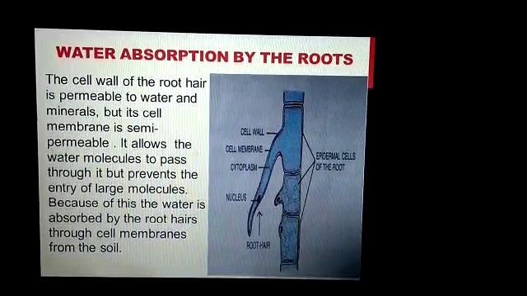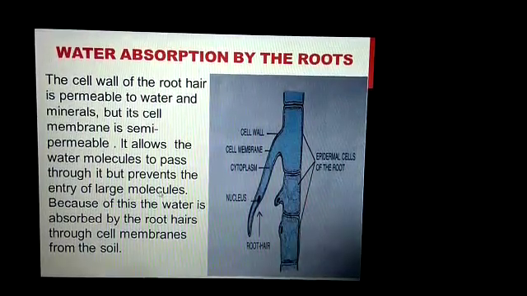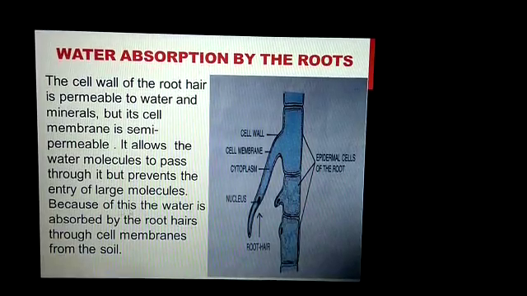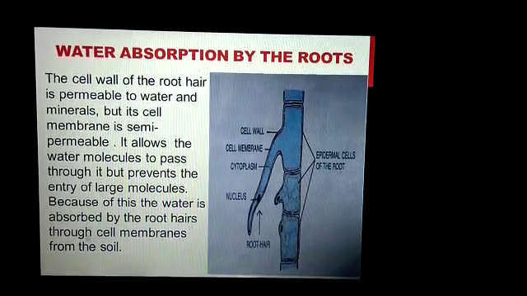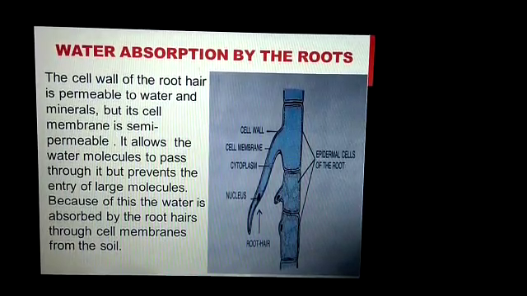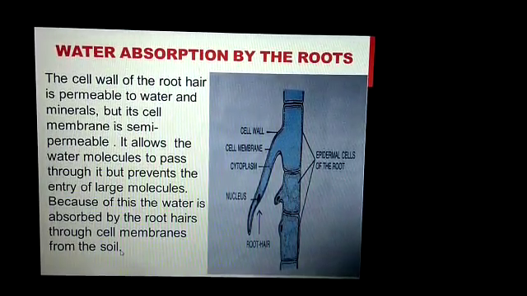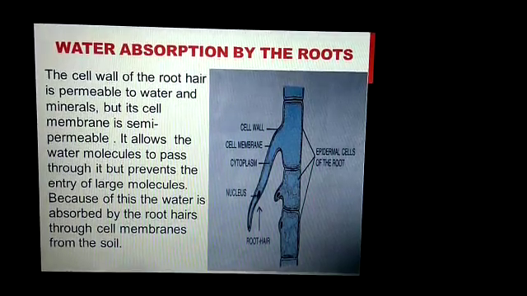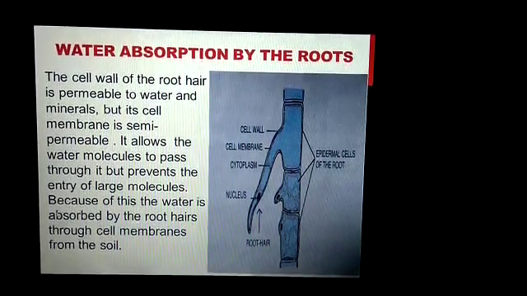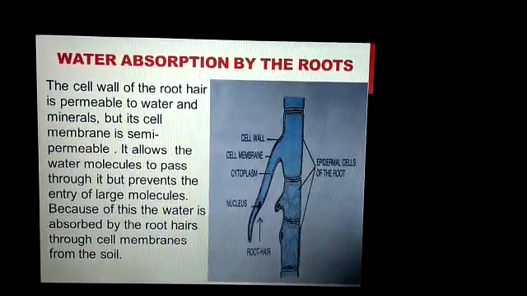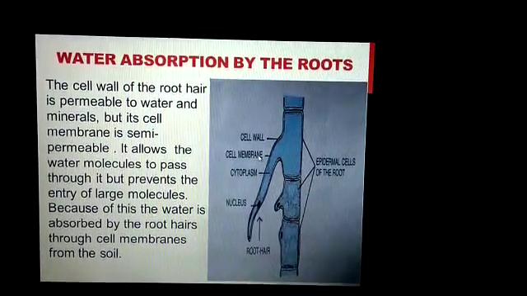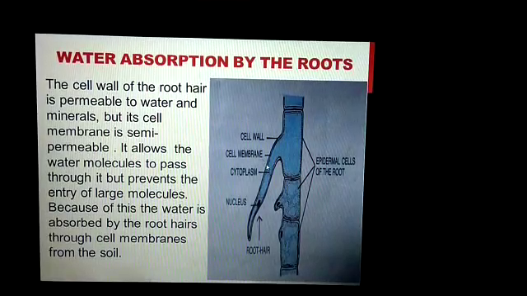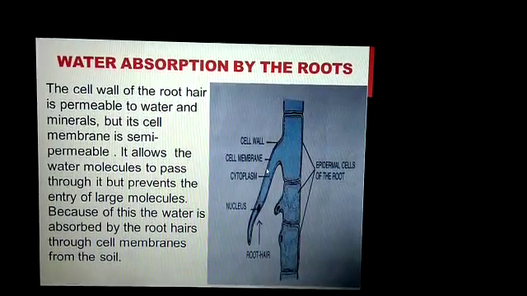It allows the water molecules to pass through it but prevents the entry of large molecules. Because of this, the water is absorbed by the root hairs through the cell membrane from the soil. Because of the semi-permeable nature of the cell membrane, only water is absorbed by the root hairs, not the larger molecules.